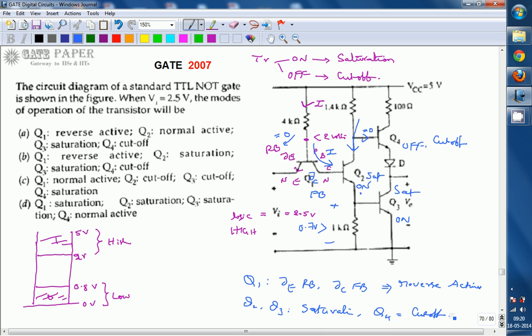These are the different regions, that is the modes of operation. Q1 reverse active, Q2 saturation, Q3 saturation, Q4 cutoff. The right answer for this question is B. Thank you.